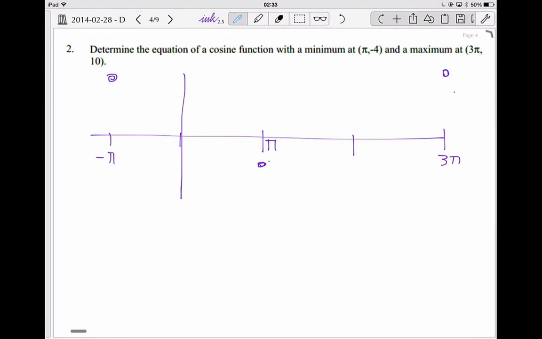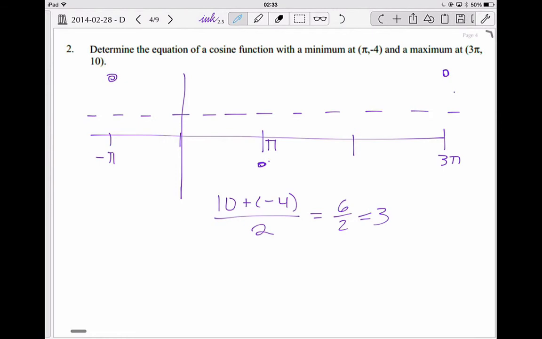So to go from 10 to -4, the center line must now be at 3. That's sort of 3-ish. So that tells me where to draw those dots. Okay. So this is my fabulous picture.